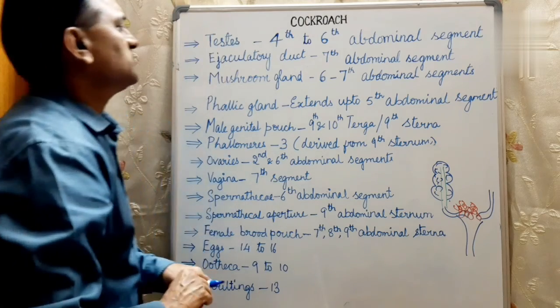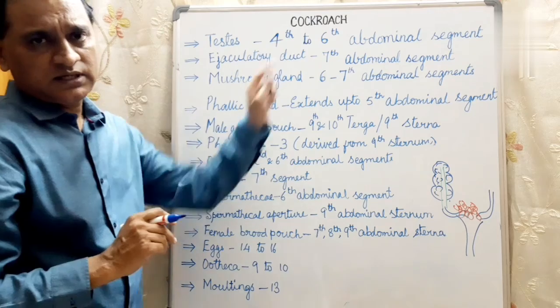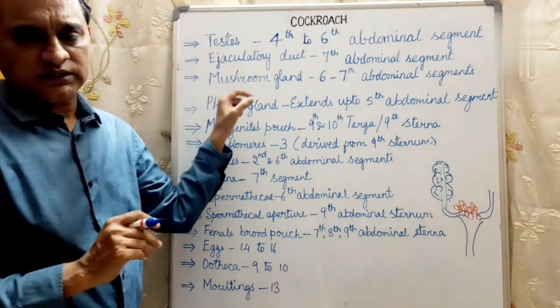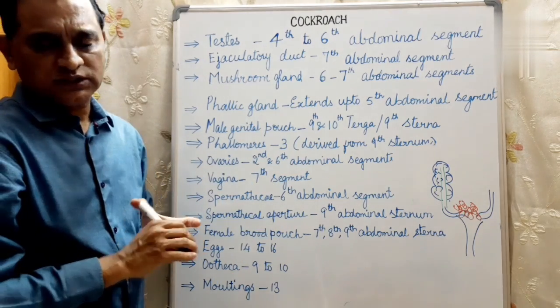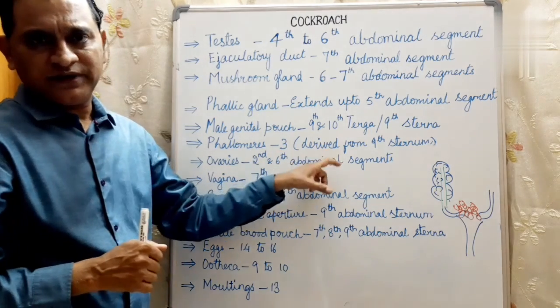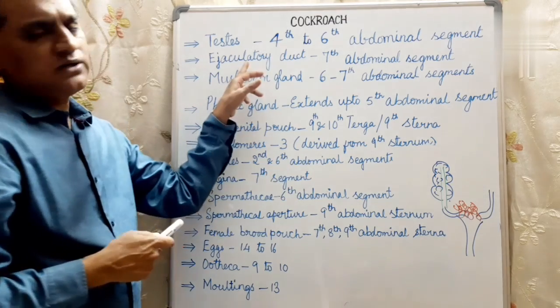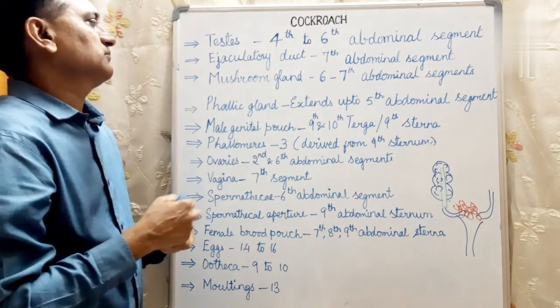It is a single median muscular duct arising from the 7th abdominal segment, and it opens into the male genital pouch through an aperture called the male genital aperture, located on the ventral phallomere at its base. The ejaculatory duct secretes the middle layer of the spermatophore.